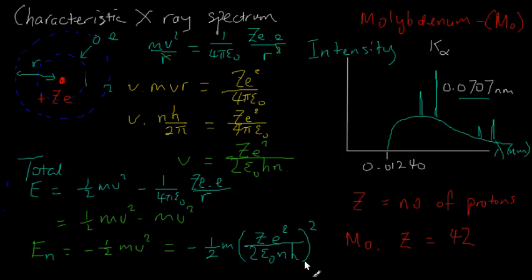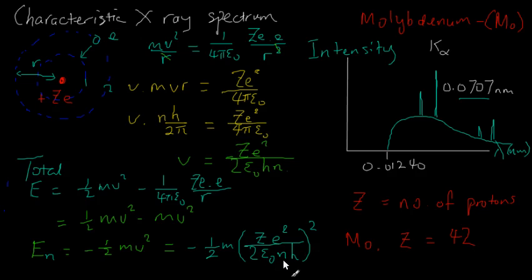And once we have this formula, we are ready to calculate the energy change when an electron falls from this orbit to this orbit. Because if you look at this, we know all the values here. We know m, mass of the electron, Z, 42 if it's molybdenum, e, charge of the electron, epsilon naught, permittivity, h, Planck's constant.